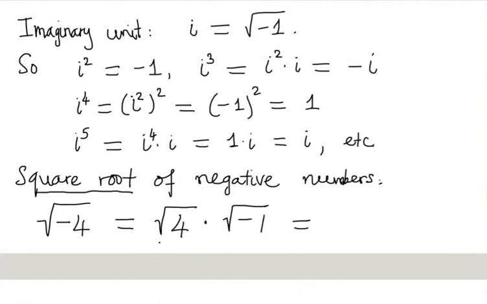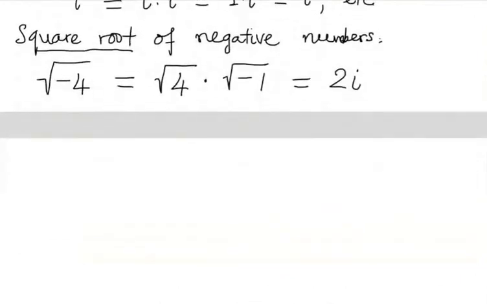And the square root of 4 is the usual square root. Because 4 is positive, we just have 2, and square root of -1 is i, we get 2i. Similarly, if we have minus square root of -4, then we do the same thing, and we get -2i.